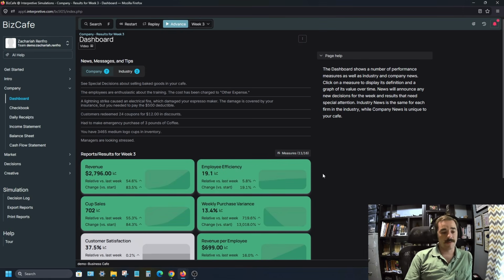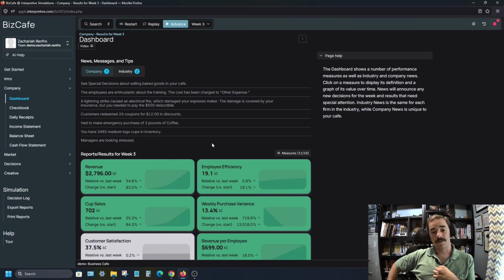Okay, so revenue 2796. Employees like the training. Lightning strike caused an electrical fire which damaged the espresso maker. It's covered by our insurance. Customers redeemed 24 coupons for $12 in discounts.